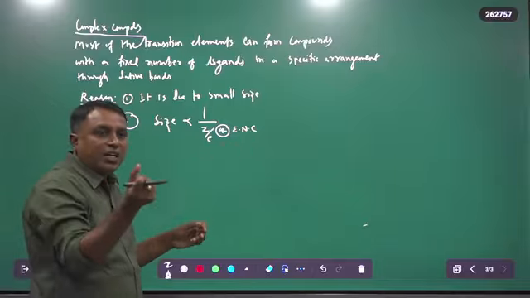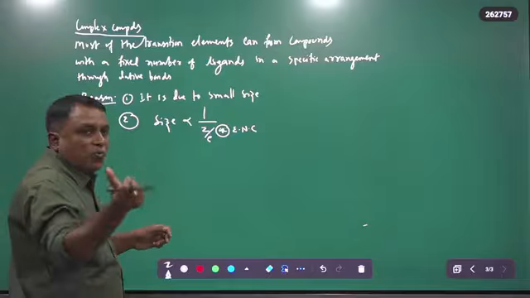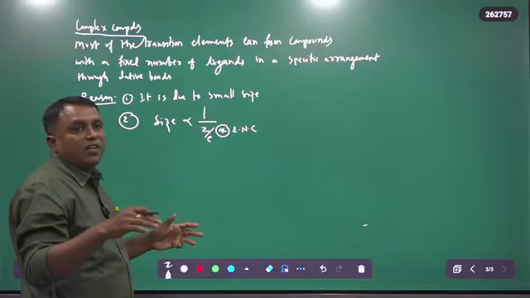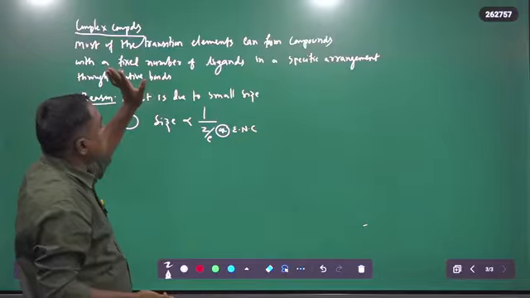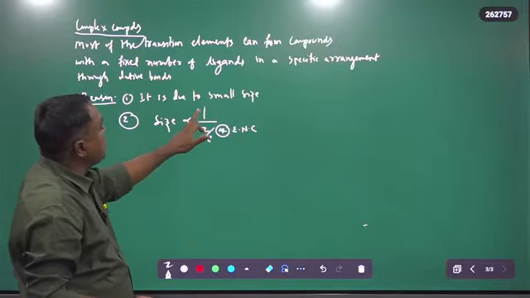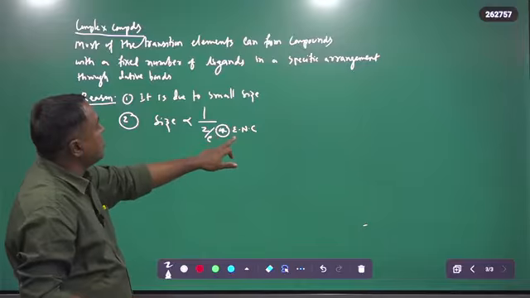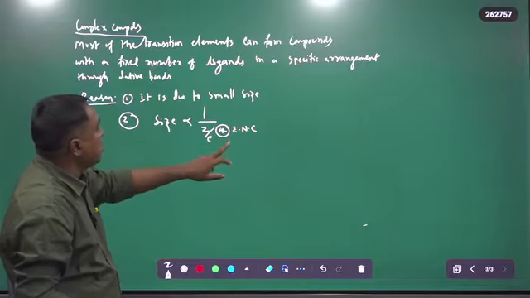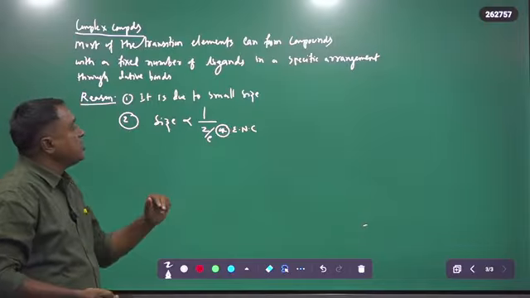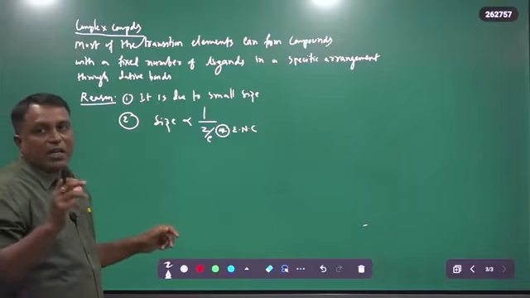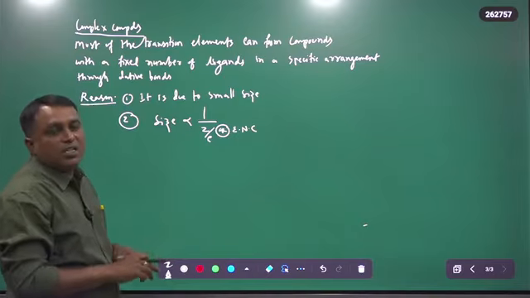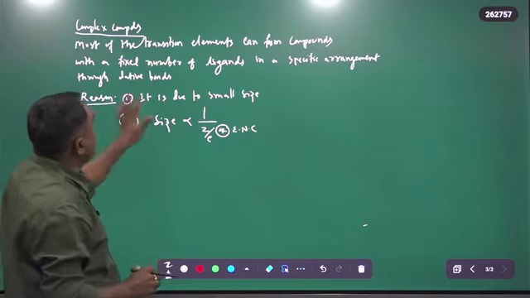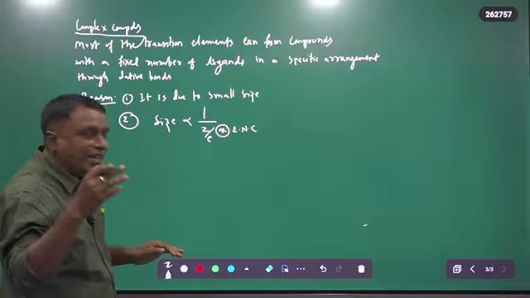Therefore, they can attract the lone pair electrons from the ligands very easily. That's why they can form complex compounds. If the effective nuclear charge is more, they can attract the lone pair electrons from the ligands very easily. Therefore, complex compound formation becomes easy.